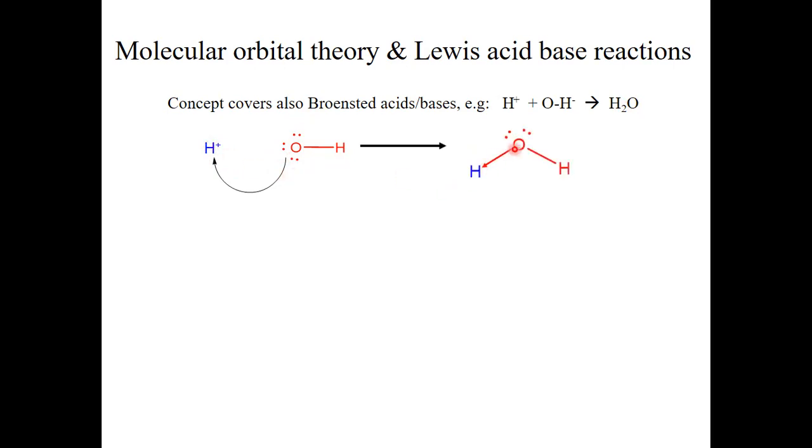And in this way, the OH bond would be viewed as a dative covalent bond, while the other OH bond would be viewed as a regular covalent bond. However, of course, there's no actual difference between this bond and that bond. It just makes sense to view this bond as a dative bond because of the way the bond has been formed. But fundamentally, these two bonds are exactly the same.